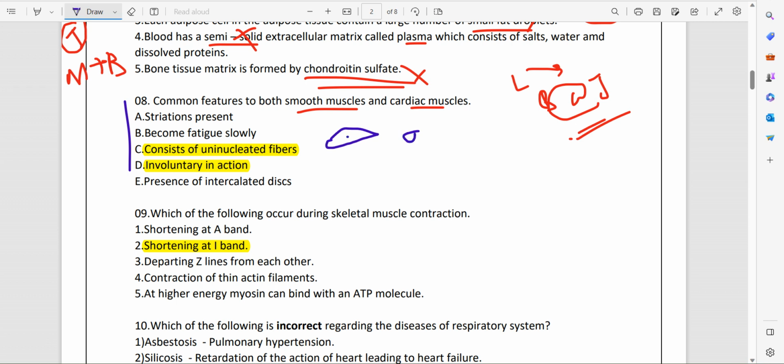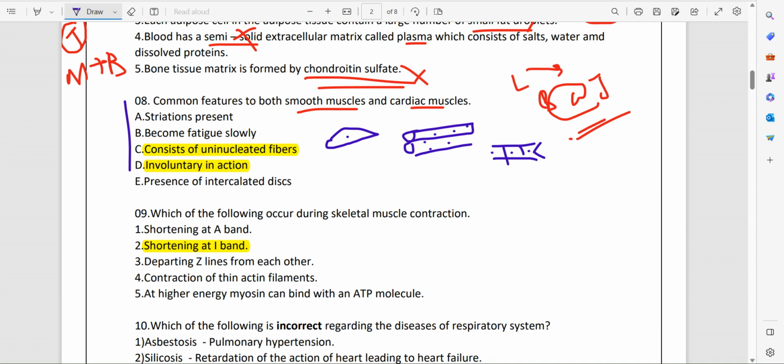What you have to know are their features: cell shape, whether they are multinucleated or uninucleated, whether they are voluntary or involuntary, whether they get easily fatigued or can work for a long time without getting fatigued, whether they're striated, and the presence or absence of sarcomeres. Those are the common characteristics to look for when you're studying that section. The best thing you can do is prepare a chart, and then you can easily skim for the features when you are revising that section.